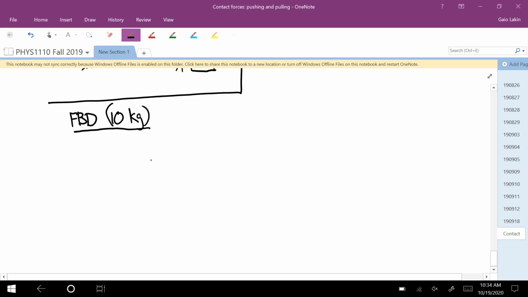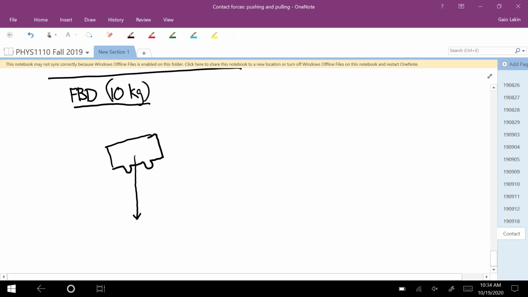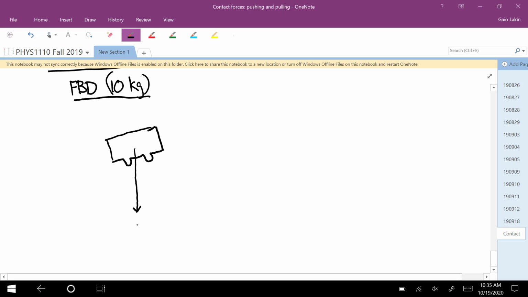I'm going to draw it at the same angle that it really exists at. So there's the outline of the object. There's a weight force straight down that's equal to 10 times 9.81. So 98.1 newtons down.